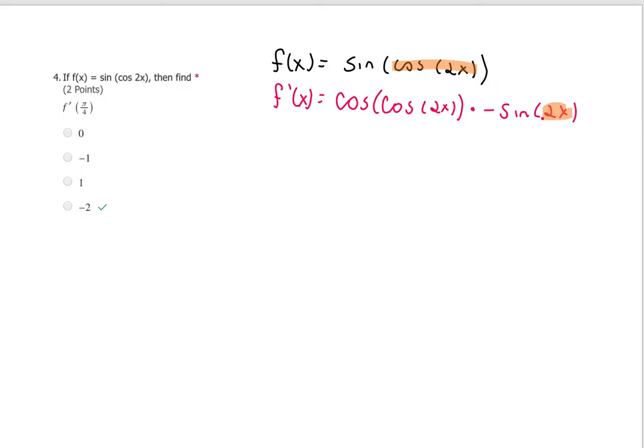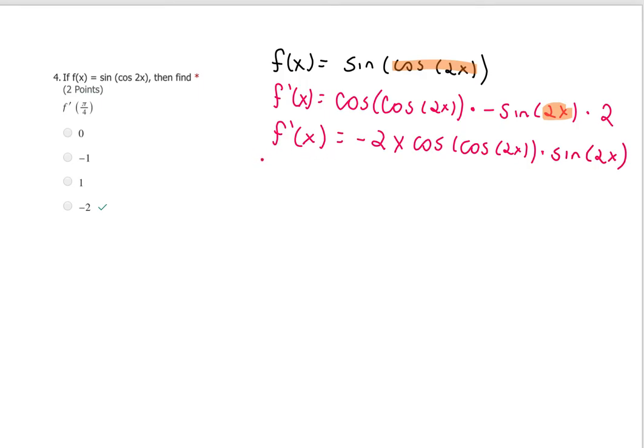So I need to multiply by the inside function. So the derivative of the inside function, derivative of 2x is 2. Simplifying this down, that gives us negative 2 cosine of the cosine of 2x times by the sine of 2x.